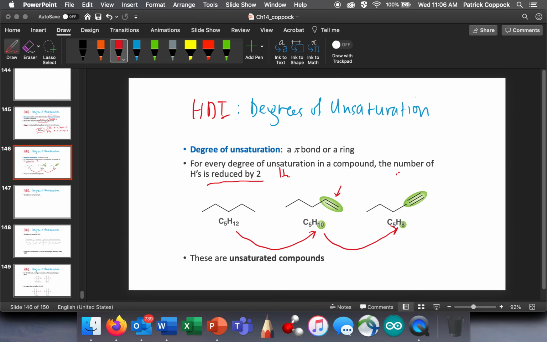So this has 2 degrees of unsaturation, or the HDI index is 2. This HDI index is equal to 1. And the HDI index of this is 0 because there's no deficiency.